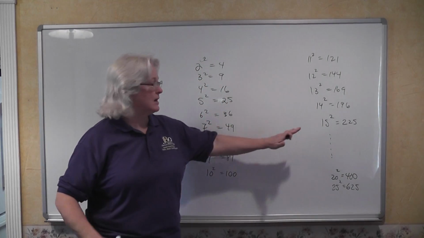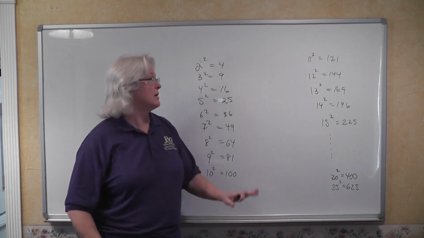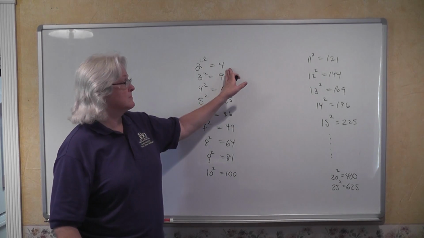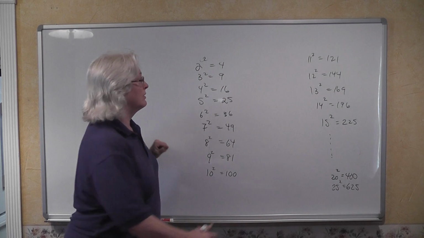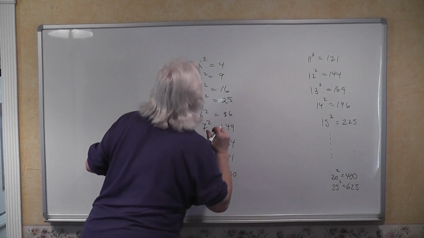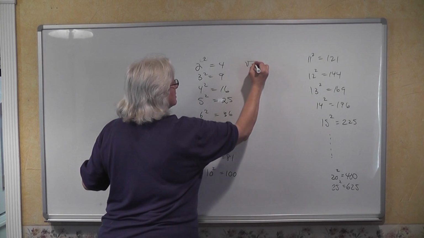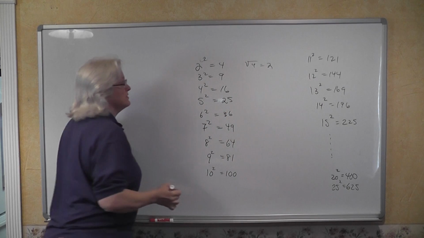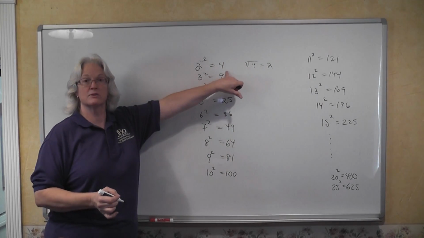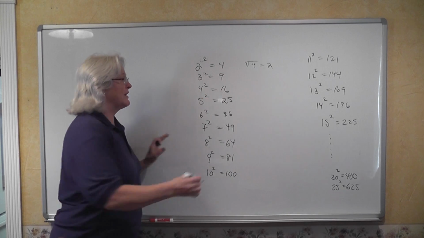Go ahead and take the time to learn 16 squared, 17, 18, 19 squared, because 2 squared is 4, and the square root of 4 is 2. If we want to take the square root of 4, it's going to be one of that number's 2 equal factors.